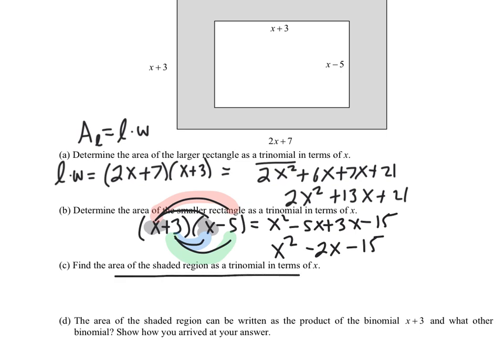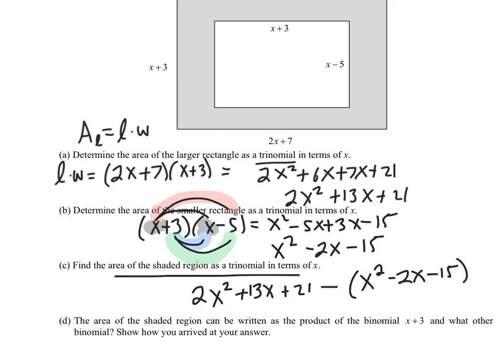Find the area of the shaded region. You're going to have to subtract the larger from the smaller. Or excuse me, yeah, the smaller from the larger. So we take the larger rectangle, which was 2x squared plus 13x plus 21, minus, I use parentheses now, it's very important, minus 2x minus 15.